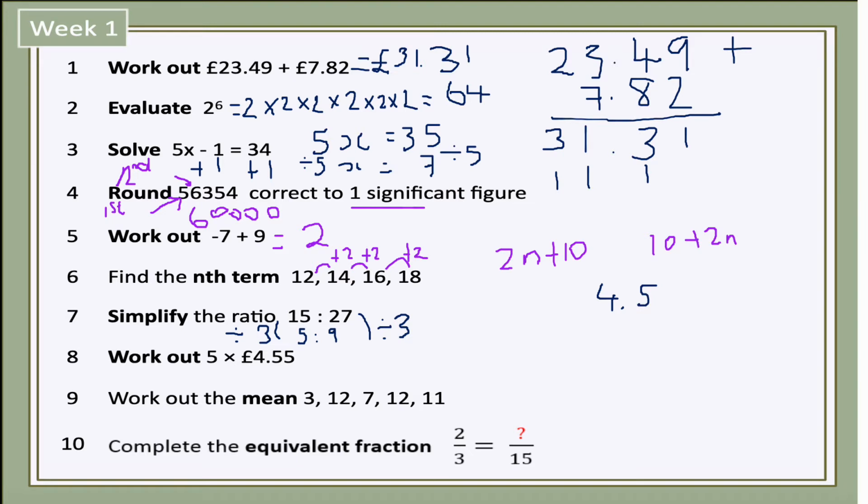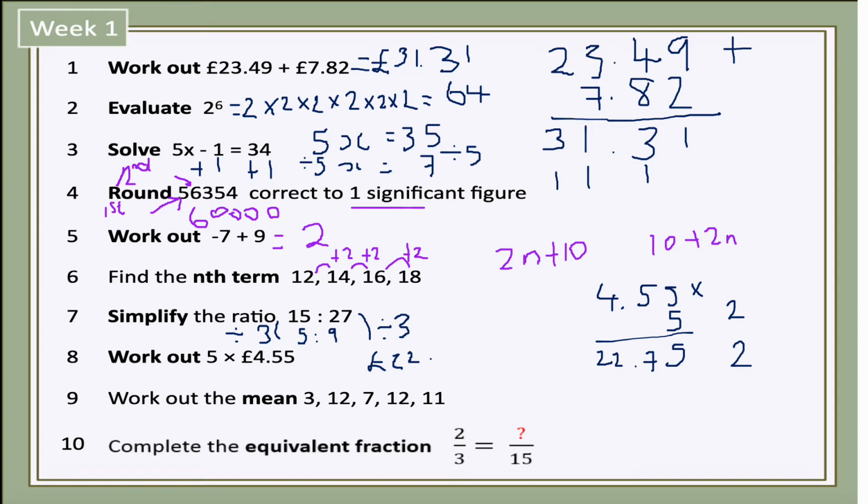Well, £4.55 times 5, well, 5 times 5 is 25, so 5 carry the 2. 5 times 5 is 25, add the 2 is 27, so 7 and then carry the 2. 5 times 4 is 20, add the 2 is £22.75. Okay, so that's my answer for question number 8.